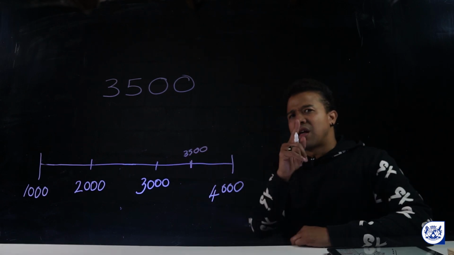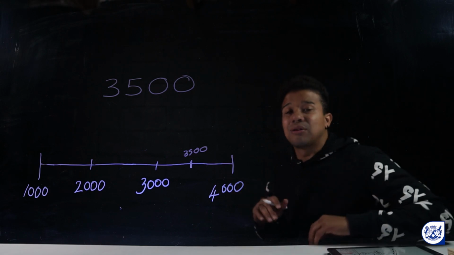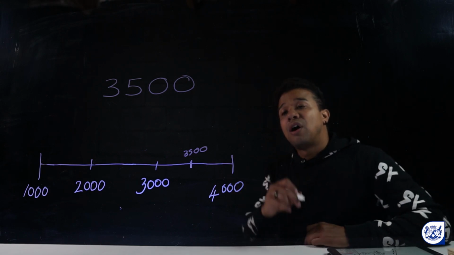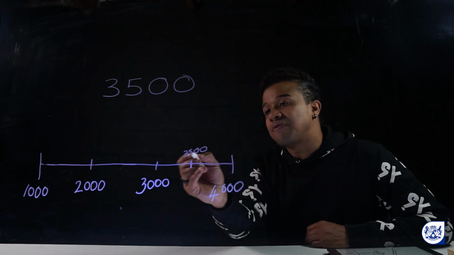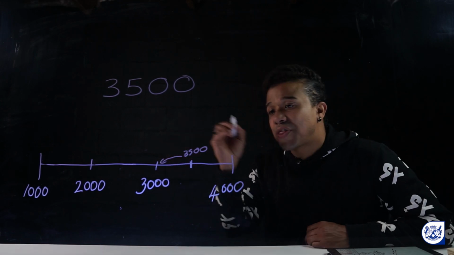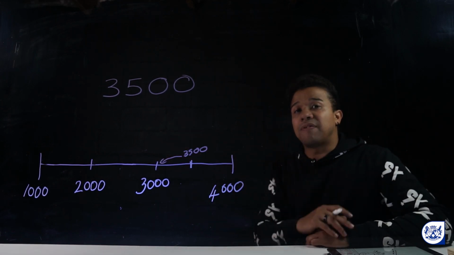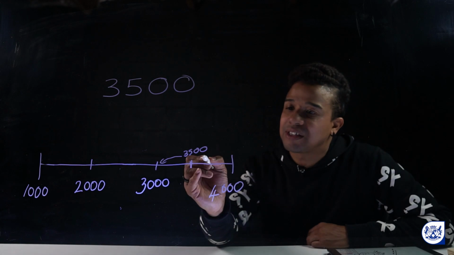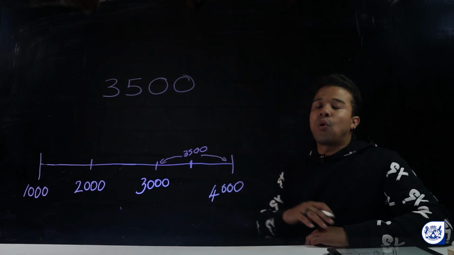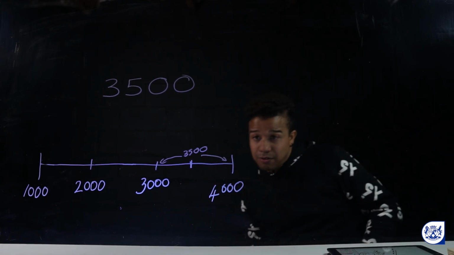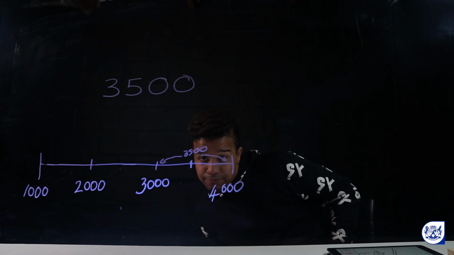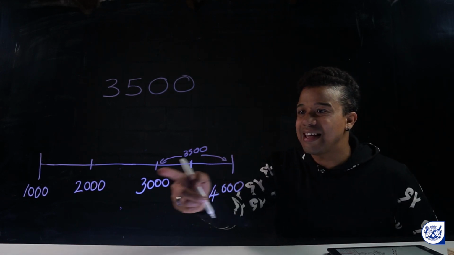So, again, it's important to take note of this. The multiple of 1,000 before 3,500 is 3,000. And the multiple of 1,000 after 3,500 is 4,000. And when you look at it from here, it's exactly in the middle.